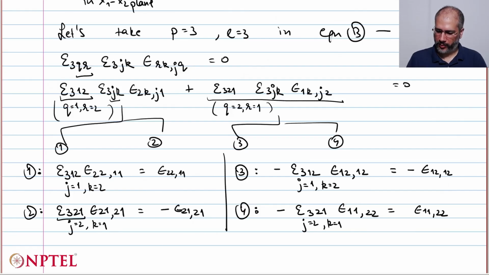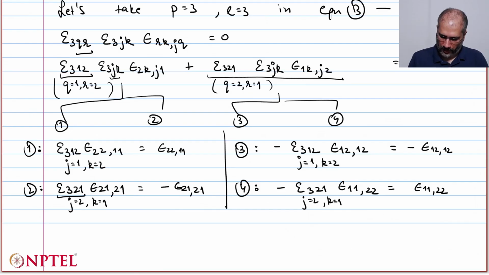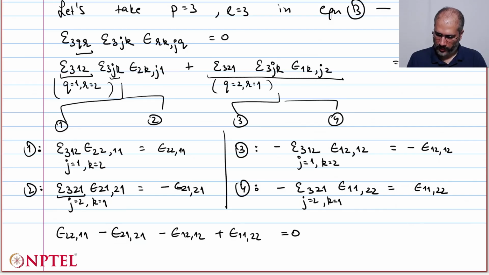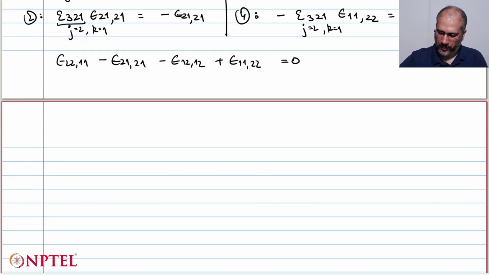So let's add them together. So this is epsilon 2, 2 comma 1, 1 minus epsilon 2, 1 comma 2, 1 minus epsilon 1, 2 comma 1, 2 plus epsilon 1, 1 comma 2, 2, and that's a 0. And you see that epsilon 2, 1 is the same as epsilon 1, 2, and the order in differentiation also doesn't matter. So these terms are the same.